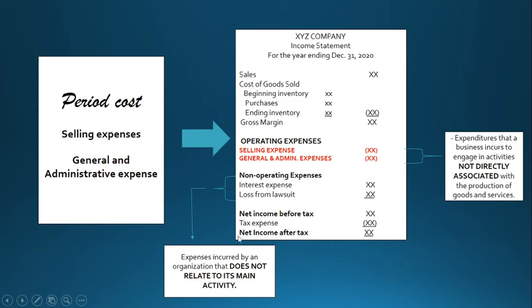Non-operating expense naman, ito yung mga expenses incurred by an organization that does not relate to its main activity. So, iba naman si non-operating expenses. Ito yung mga costs na walang kinalaman sa operations ni firm. Or these are expenses na hindi related sa main activity.